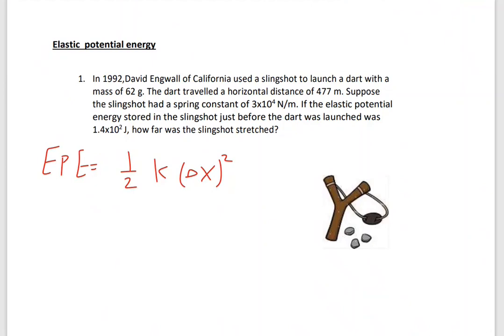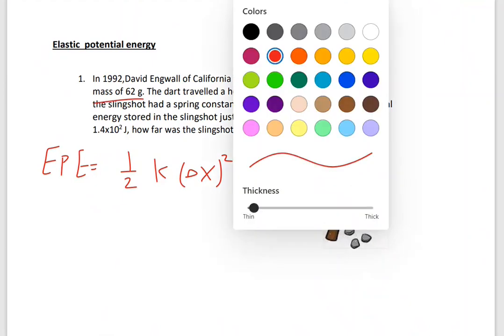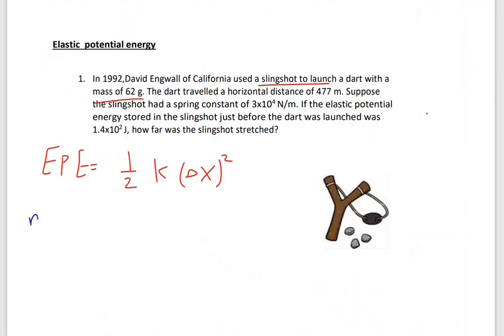Now the question says, in 1992, David Ingall of California used a slingshot to launch a dart with a mass. So I have m, let's write the givens. m is 62 gram. This one is not an SI unit, we need to convert it, so divide by 1,000 or multiply by 10 to the power negative 3 kilogram.